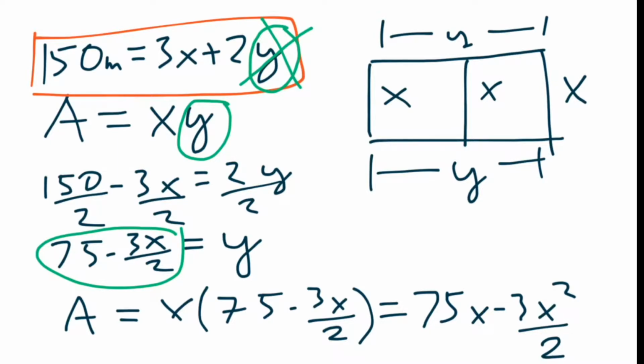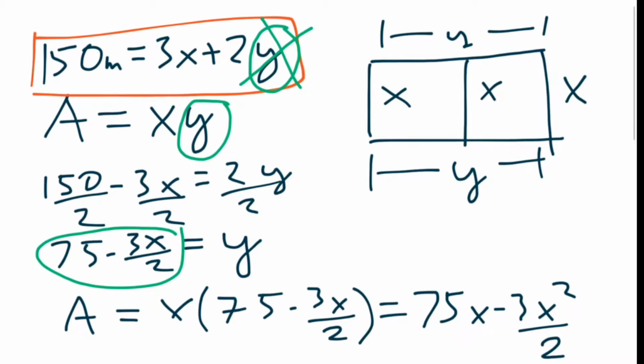Okay, so now we're ready to take the derivative. But I think it's nice to look at the function you want to maximize before taking the derivative. So let's have a quick peek right here. This is area on the y-axis, and this would show you this equation here, 75x minus 3x squared over 2.